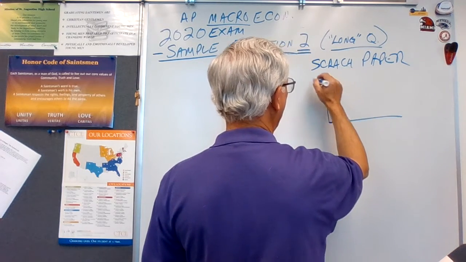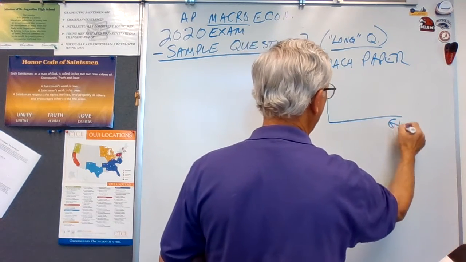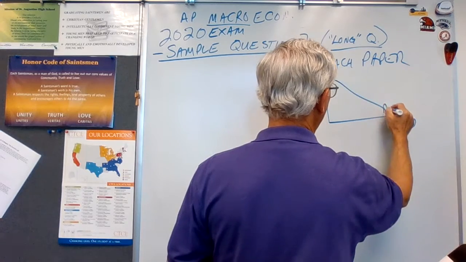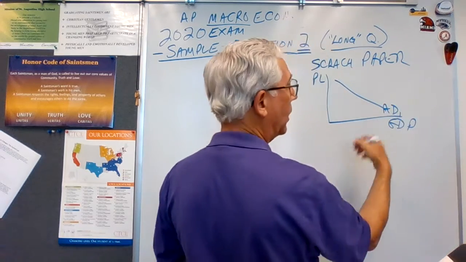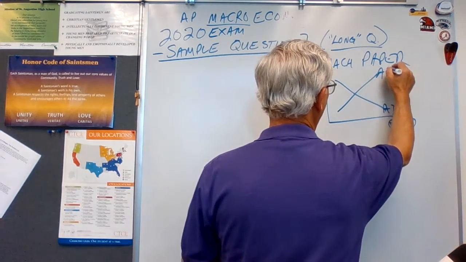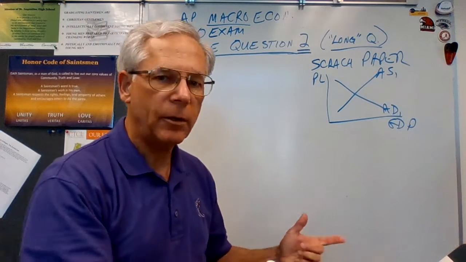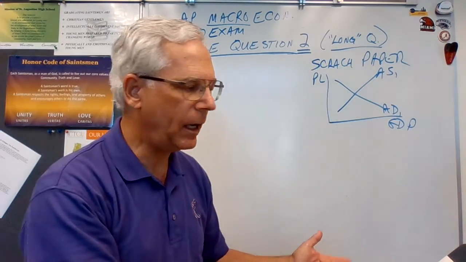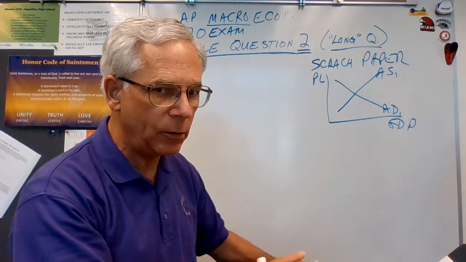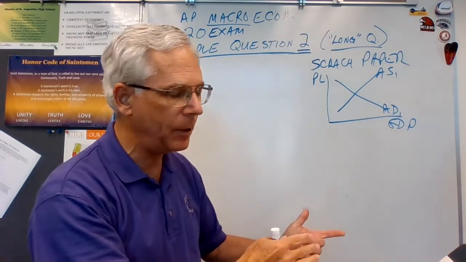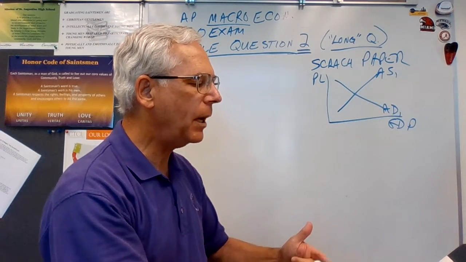It's an AD-AS graph, price level, GDP, aggregate demand, we'll call it AD1, aggregate supply, we'll call it AS1. Now with this one, they're not asking anything about long run AS, so we don't need to worry about that.